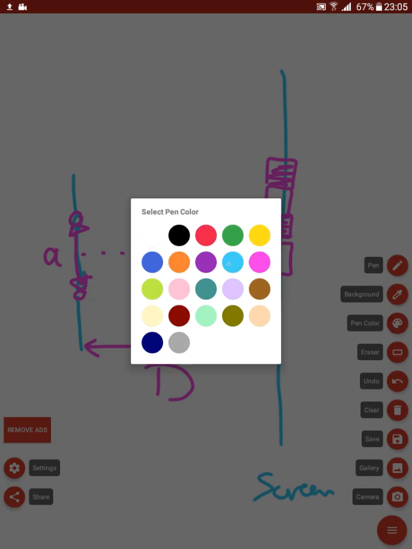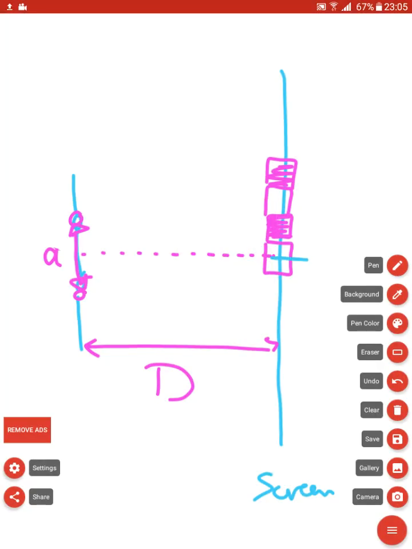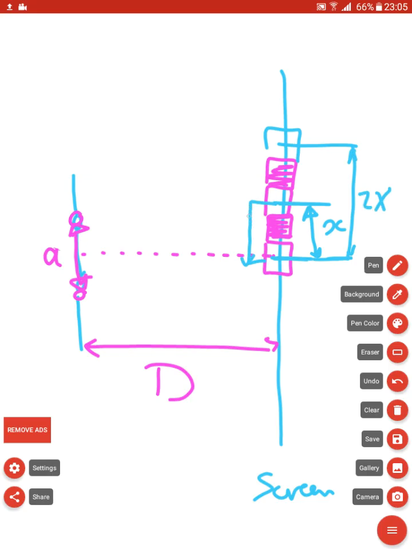The distance between the central bright and the center of the first bright is x. The distance between the central bright and the second bright is 2x, since this distance is equal to this, and the distance between the dark fringes is equal as well.